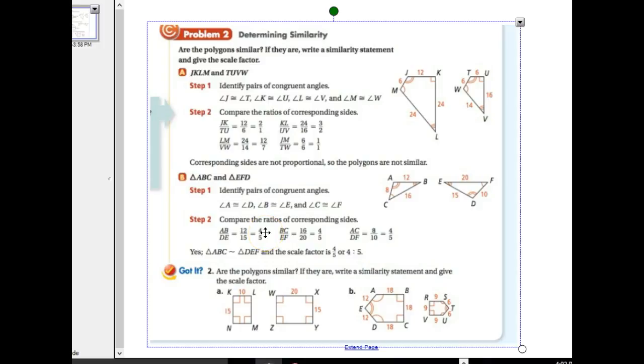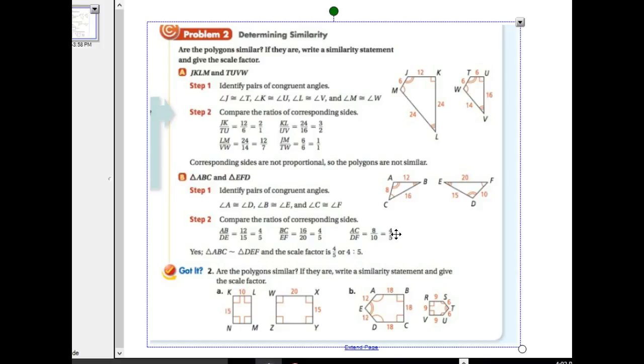If we compare BC to EF, the longest side to the longest side, that ends up being 16 to 20, which again reduces to 4/5. And then finally, the shortest side with the shortest side would be AC to DF, which is 8/10, and it also reduces to 4/5.